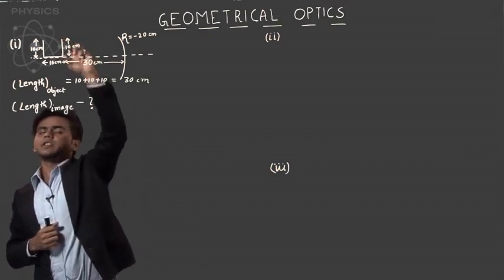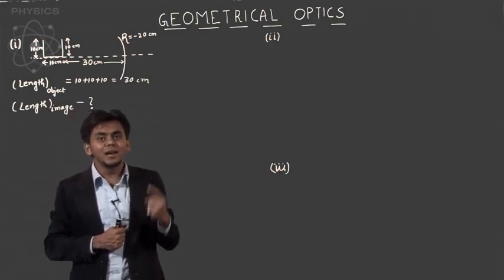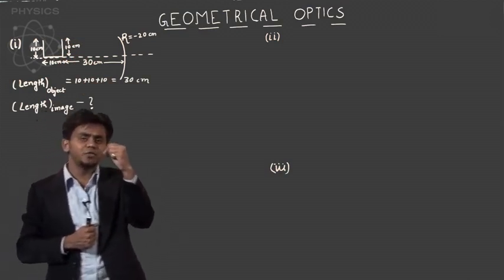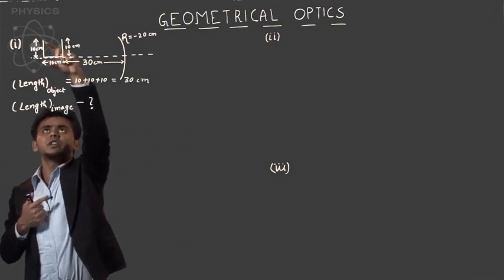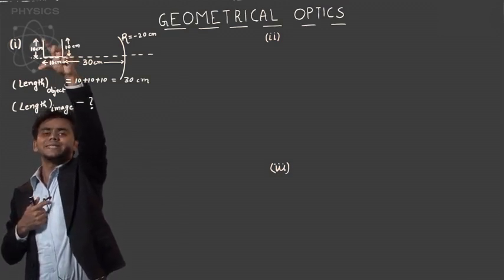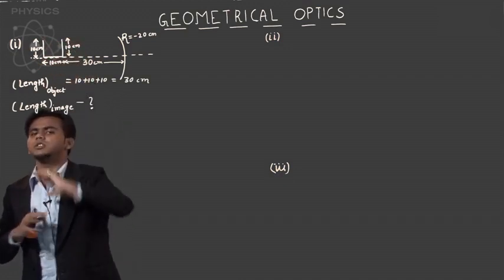So this is sorted out. Then similarly, I can find out the location of the image of this point, and the magnification formula would give me the dimension of this wire too. So these two are sorted out.